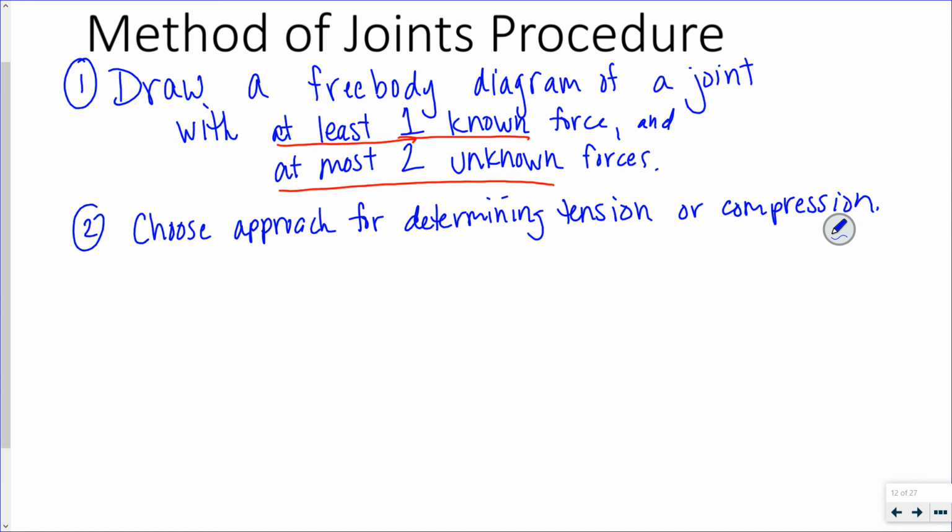If you're like, well, I really think this one's in compression, then draw it in compression. Don't just say I'm going to assume tension and make the math prove you otherwise. You can pick one, and as long as you're consistent, the numbers will tell you if you're right or not.